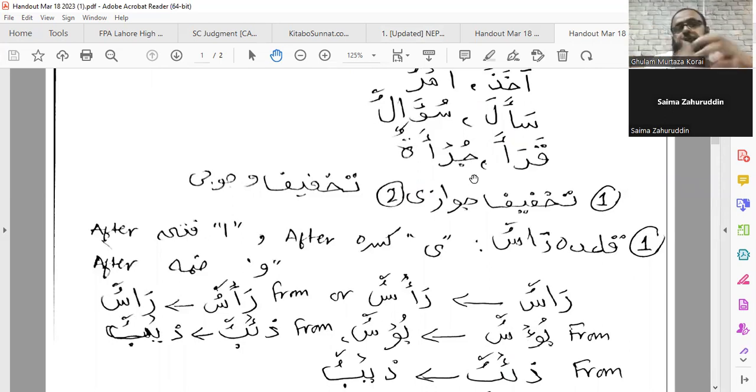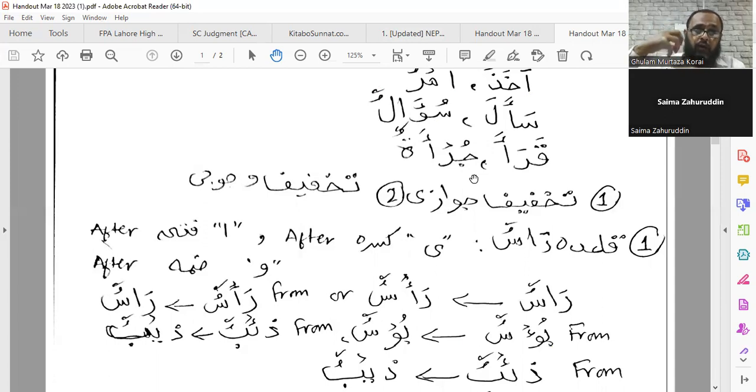Now, the first thing you can see, I have written takhfif jawazi and takhfif wujubi. Takhfif means to make it simple, to drop something. Okay, this is what takhfif is, to lighten, to make something light.